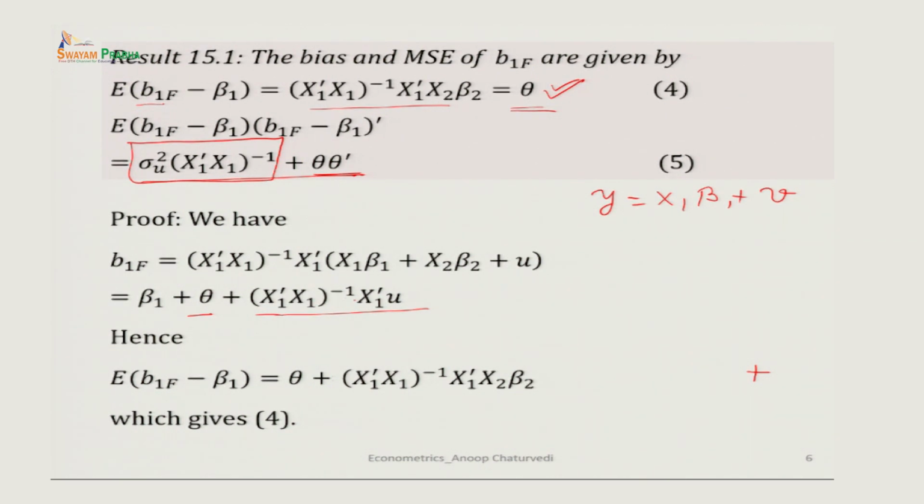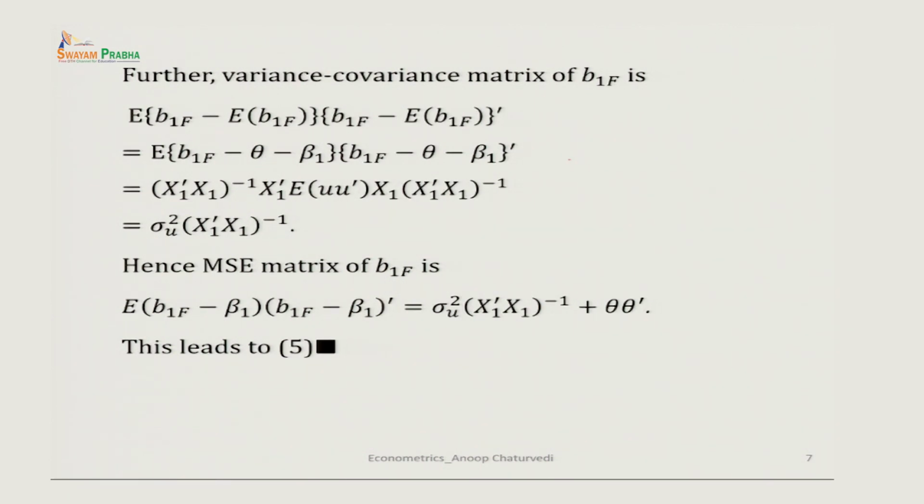x 1 transpose x 1 inverse x 1 transpose u. So, you get x 1 transpose x 1 inverse x 1 transpose u and then the transpose of this, so u transpose x 1 x 1 transpose x 1 inverse, and then we take expectation of u u transpose.